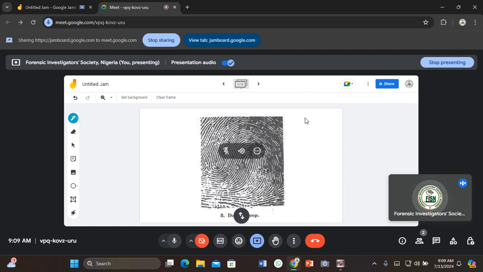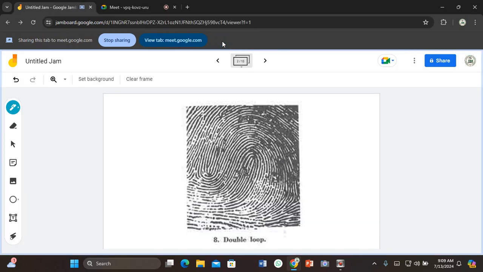Today we are still on identifying various types of fingerprint. In the last two modules, we discussed the first group.